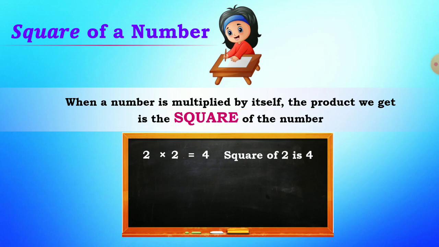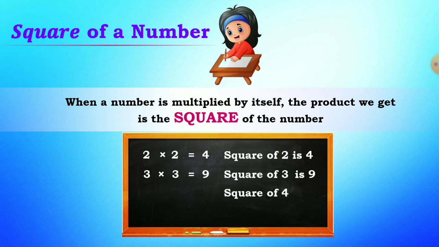Now students, if I want to find out the square of 3, how will we do it? Yes, 3 multiplied by 3, which is equal to 9. So we say square of 3 is 9. In the same manner, if I want to find the square of 4, I will do 4 into 4, which is equal to 16, and we say square of 4 is 16.